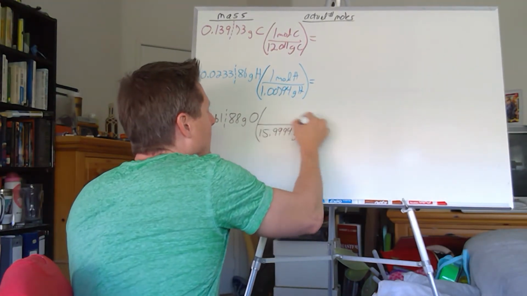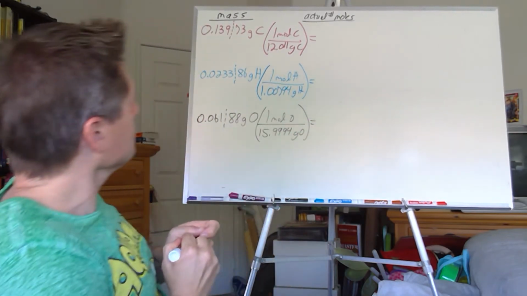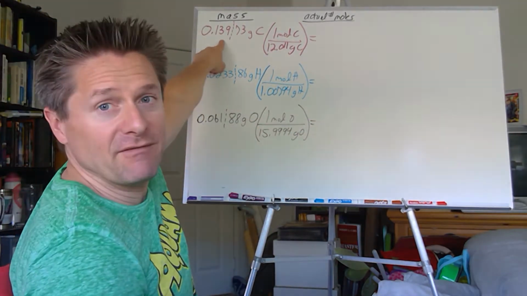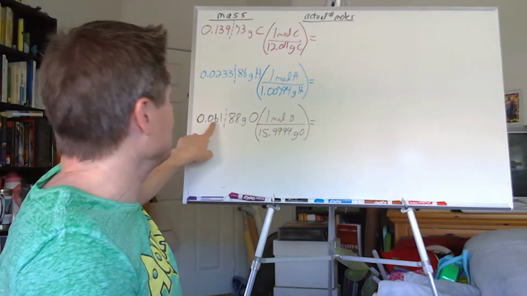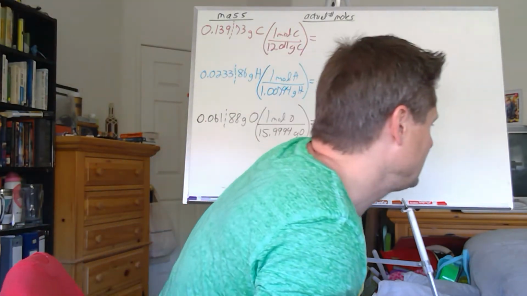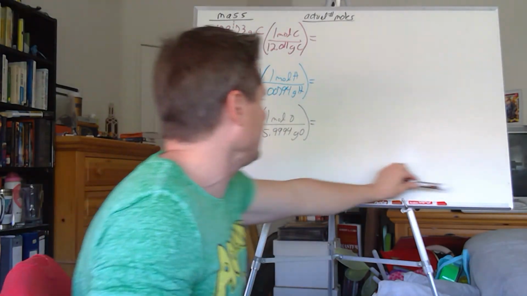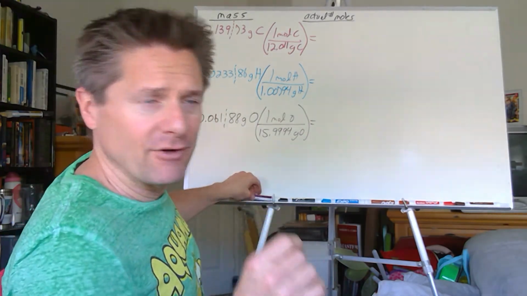So, 15.9994 grams of oxygen per mole. So we're limited to 3 significant figures for the carbon moles, 3 significant figures for the hydrogen moles, and 2 significant figures for the oxygen. Yes, we are.